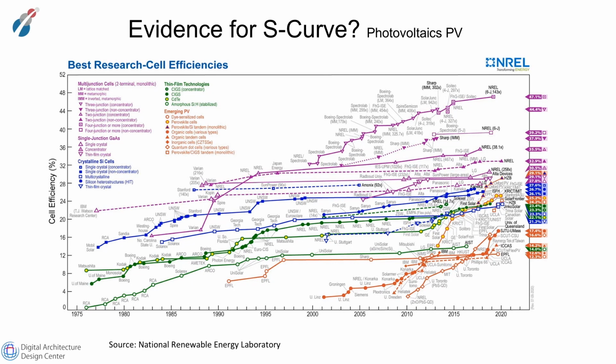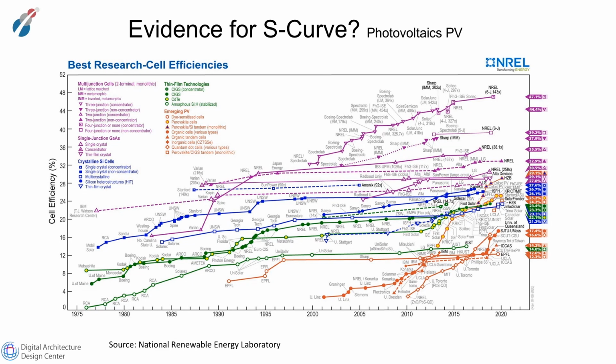Here is one of the best examples I can show you of actual data showing S-curve-like behavior. This is a chart updated regularly by NREL, the National Renewable Energy Laboratory in the United States. It shows the efficiency of solar cells, photovoltaic cells converting photons into electrical current.